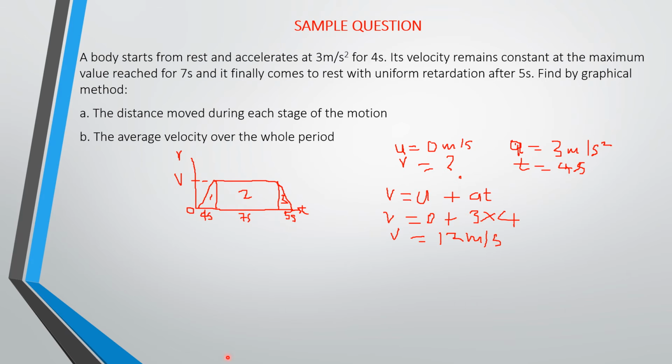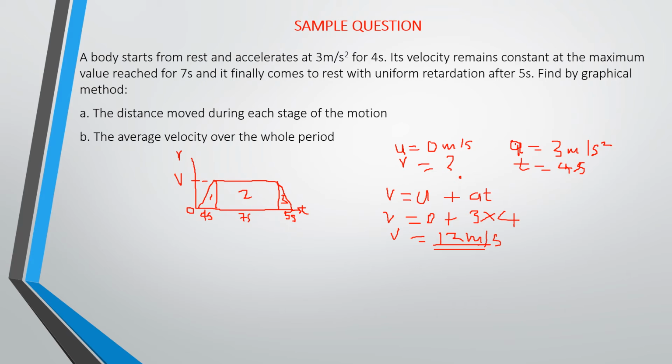This 12 meters per second becomes the final velocity v that is here. This is the velocity that is maintained for this time before the car starts to decelerate. Having gotten this, we can now start to solve for the distance covered in each stage of the journey.